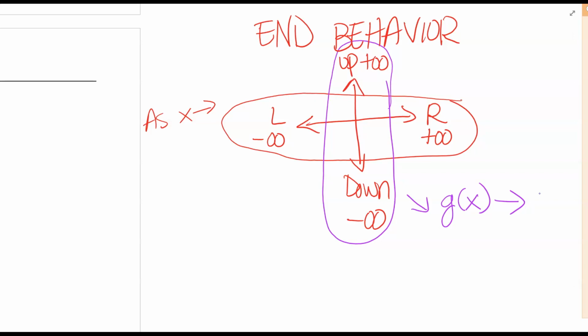If it's the left side, you write negative infinity. As x approaches, if it's the right side, you write positive infinity. And then if you look at the up and the down, you would write "g of x approaches." If it's going up, you write positive infinity. G of x approaches, if it's down, you write negative infinity. Okay?